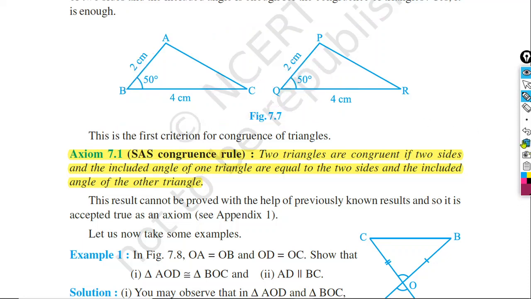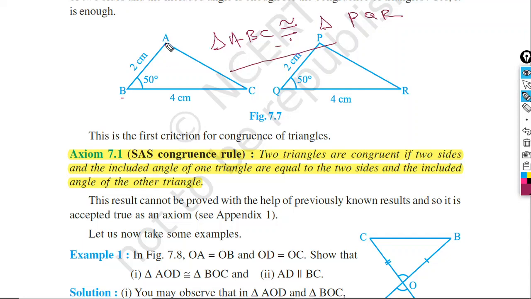In that case we will consider triangle ABC congruent, this is the symbol of congruency, to triangle PQR.